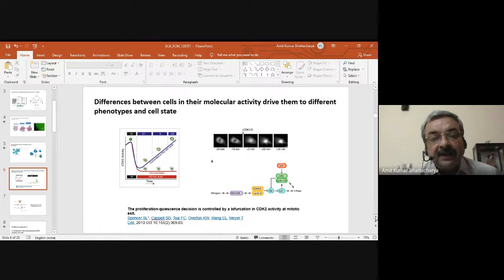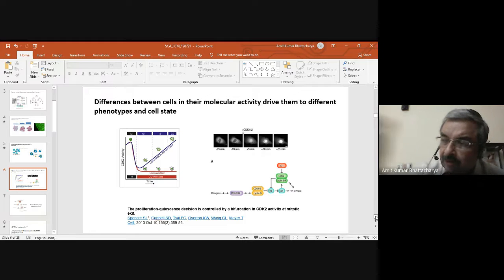This is an example from a paper in which it was found that whenever you have cells growing in culture, and if they're multiplying, after they exit mitosis, most of the population goes into entering the cell cycle.